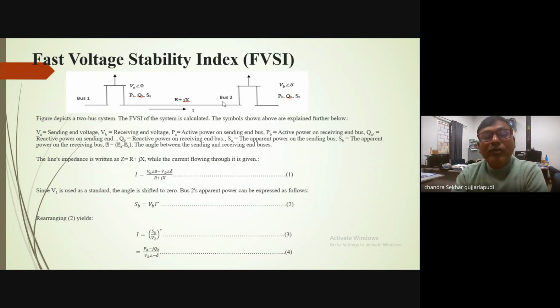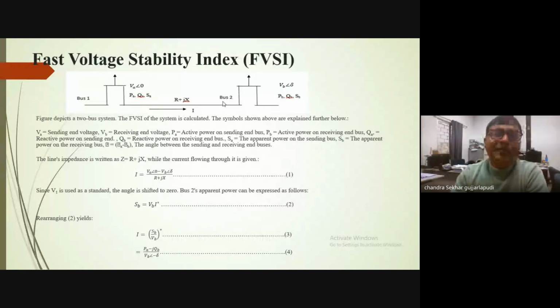We can replace S in equation 3 by active power and reactive power: S equals PA plus jQA, PB plus jQB. Then, taking the conjugate, it becomes PB minus jQB.